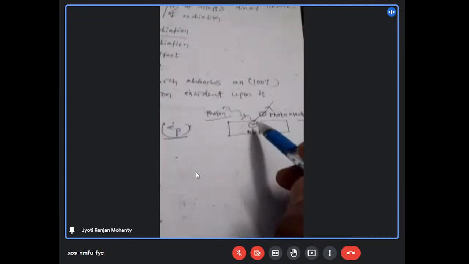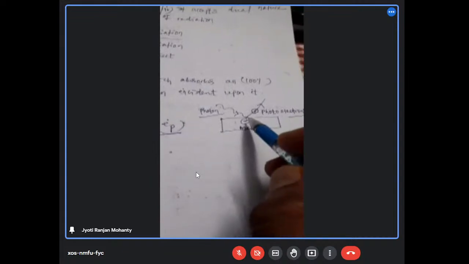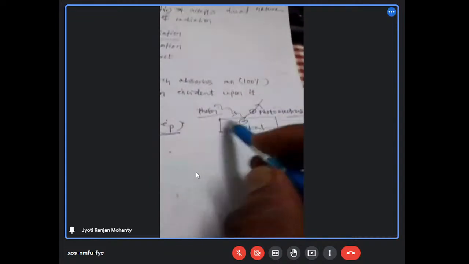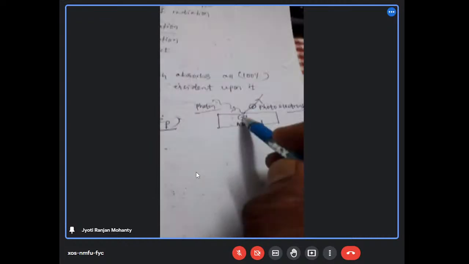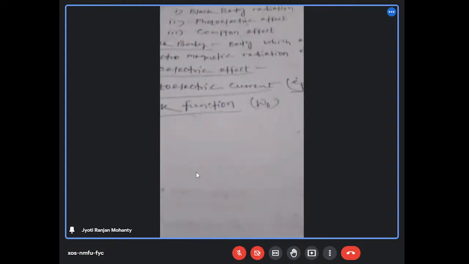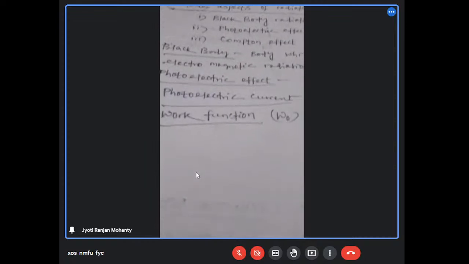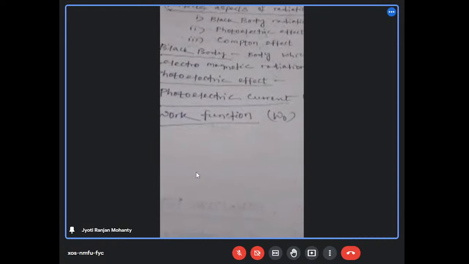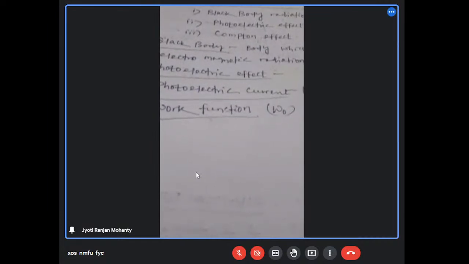As I already told you, the free electrons are present inside the metal surface. How much energy is required to remove this electron? That energy is known as work function. It is the minimum energy required to remove an electron.